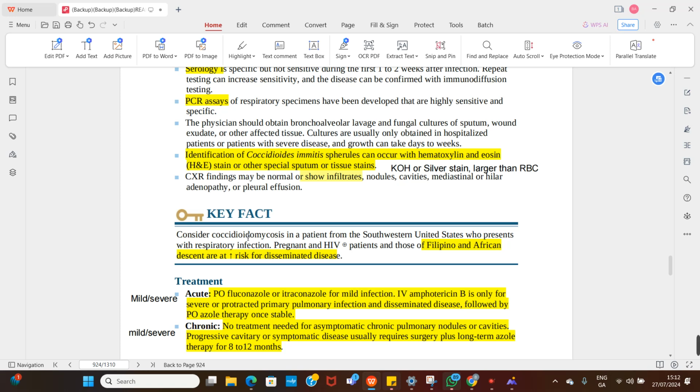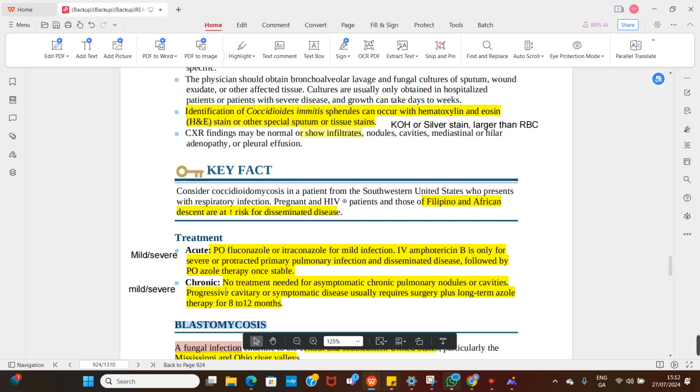I said the chronic cavitary form of histoplasmosis, you will give itraconazole, right? Now, the chronic form of coccidioidomycosis, you don't give anything. The only thing that can make you do surgery to remove the cavities, and add drug to the surgery, is if that cavity is enlarging or the person is symptomatic.